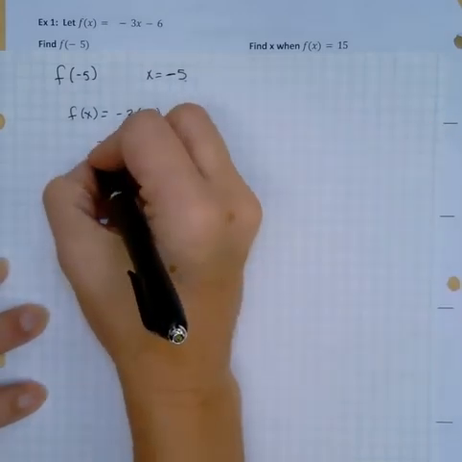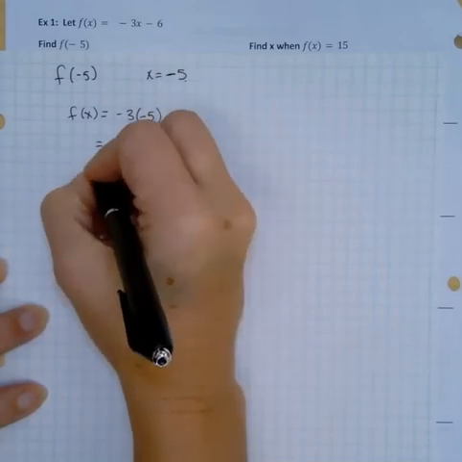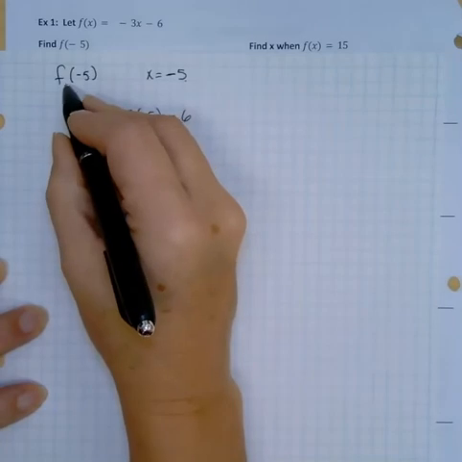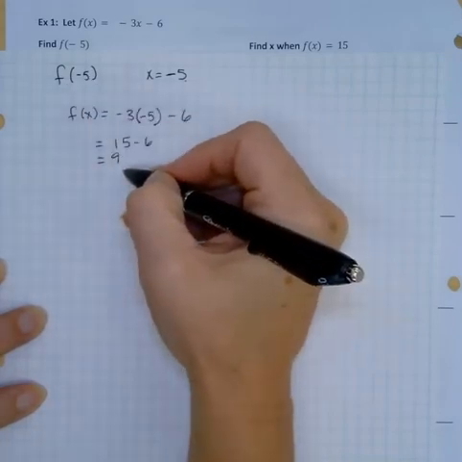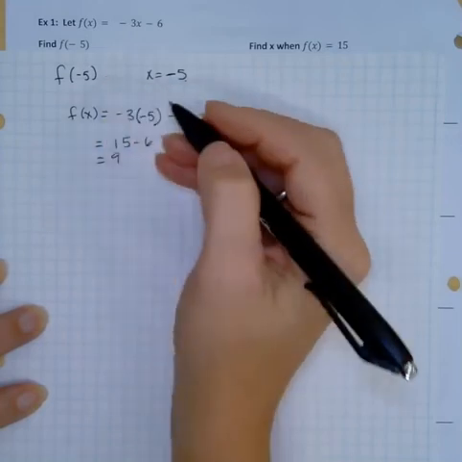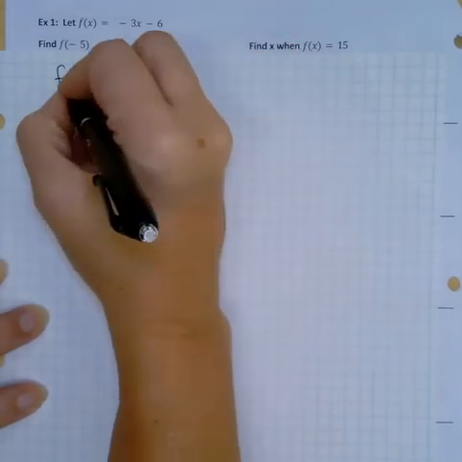All right, so this equals negative 3 times negative 5, which is positive 15 minus 6, and 15 minus 6 equals 9. So I know that if I plug in negative 5, I will get 9 out of that whole problem. So my x value is negative 5, and when I plug in negative 5, my f of x is 9.